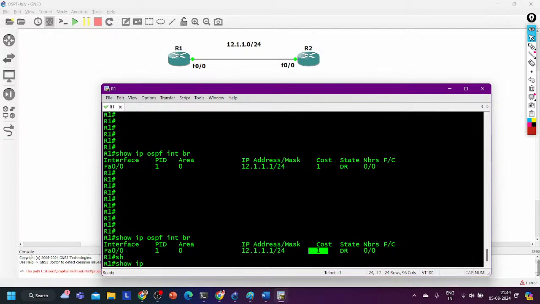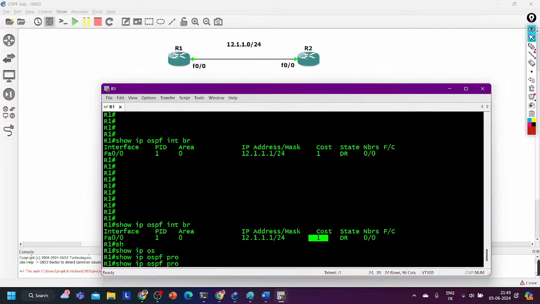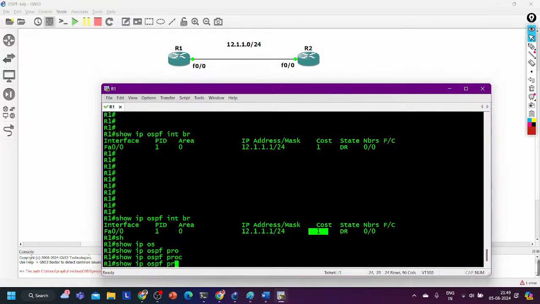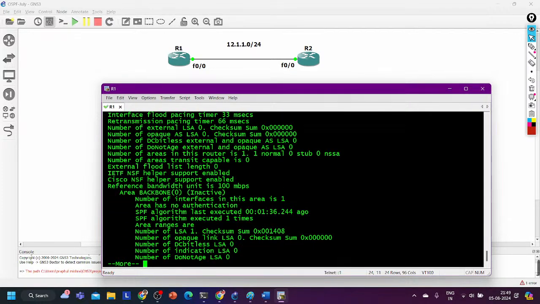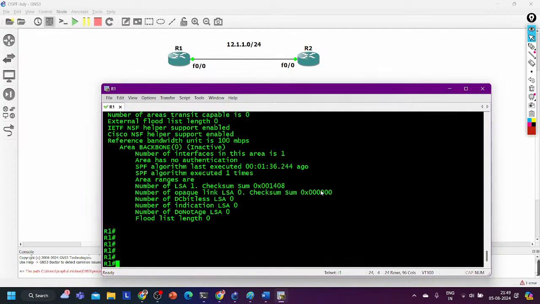So show IP OSPF, what is the reference bandwidth, guys?